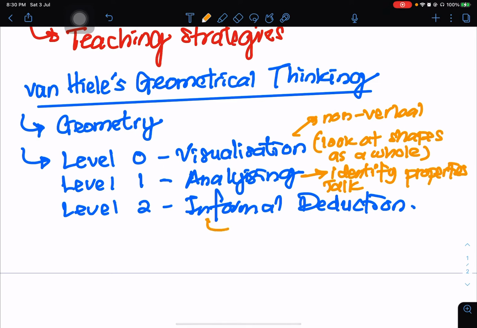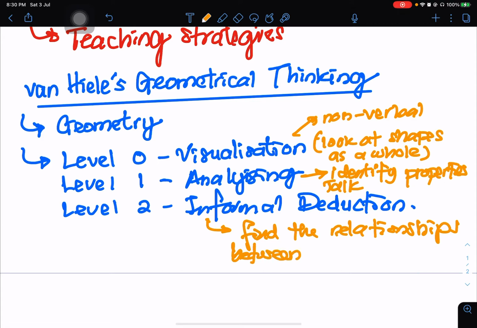And for informal deduction, this is where they find the relationship between properties. They use the properties to find the relationships among the shapes that they have learned.